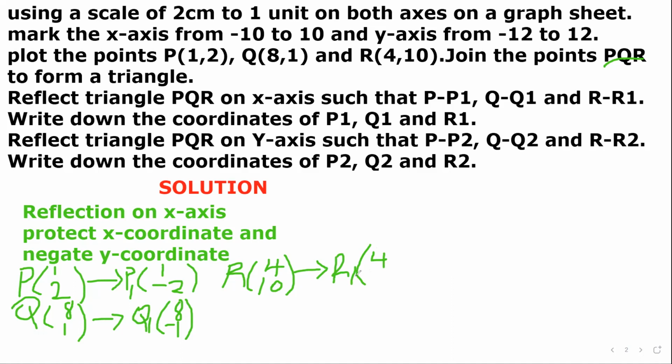And then the other coordinate, which is the y coordinate, you negate it with what? A minus sign here, and that will be -10. Okay, that was the calculation that we used to plot the other one.